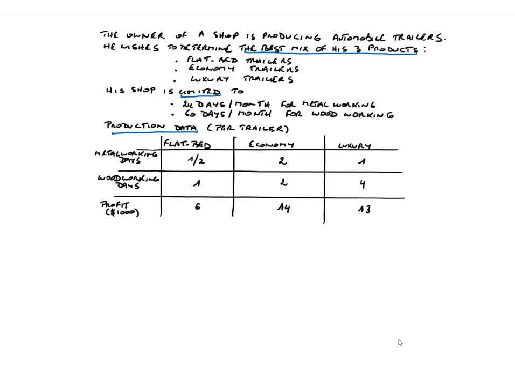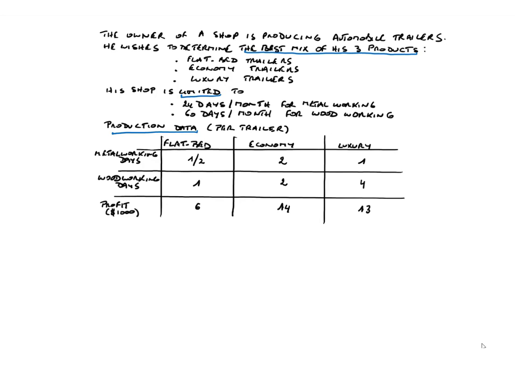And then you have the production data per trailer type, flatbed, economy, and luxury, in terms of metalworking days, woodworking days, and profit. So for instance, a flatbed trailer needs half a day of metalworking, 1 day of woodworking, and generates a profit of $1,000, and we'll work in kilo dollars, so 6.